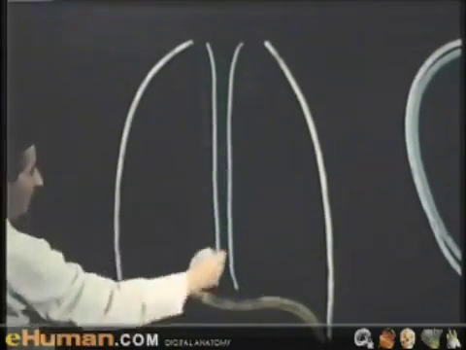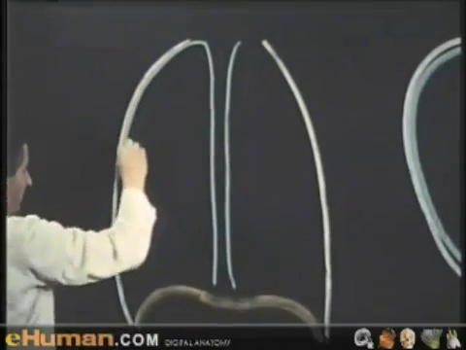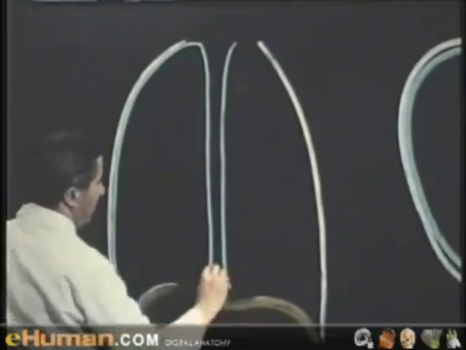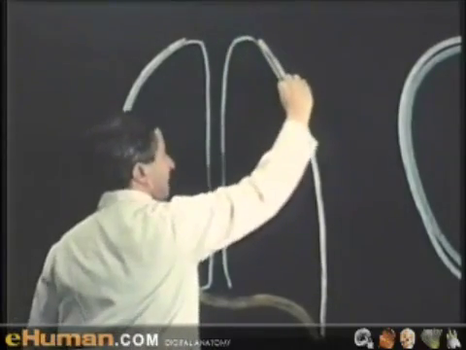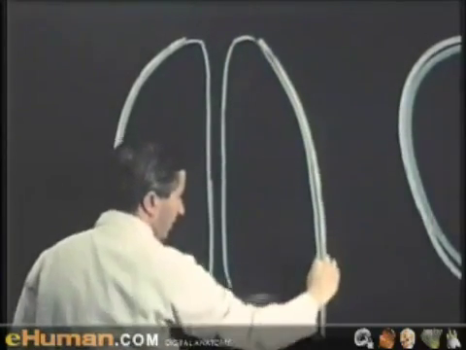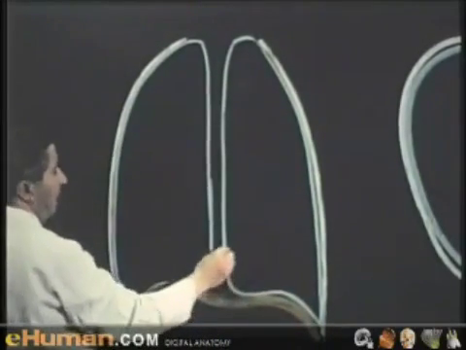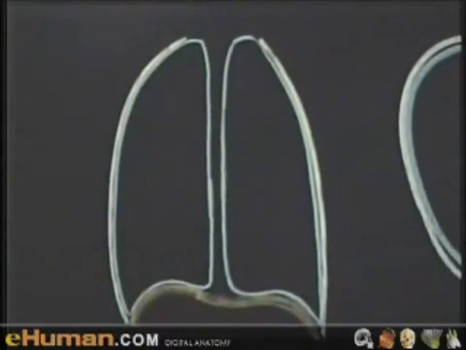So this is the mediastinal pleura, parietal pleura, and this is the parietal pleura which comes down lining the chest wall and then coming up onto the upper surface of the diaphragm and then continues to the mediastinal pleura. And exactly the same way down on the other side. The costal parietal pleura and then coming round on the upper surface of the diaphragm and becoming continuous with the mediastinal parietal pleura.